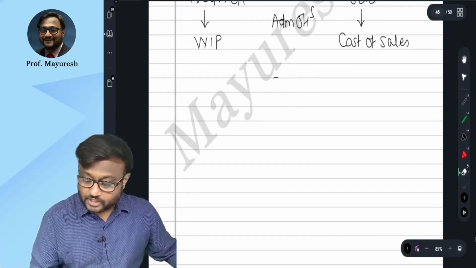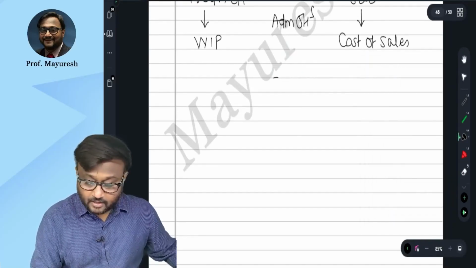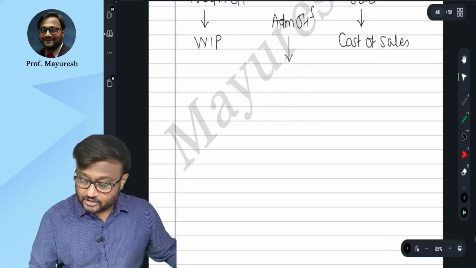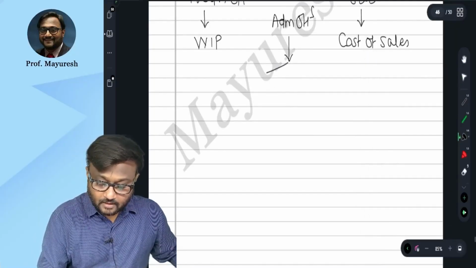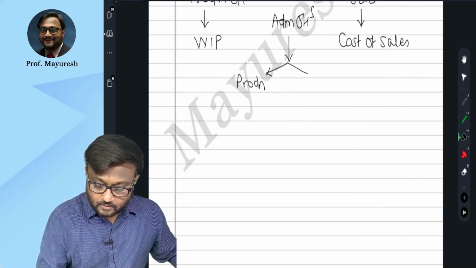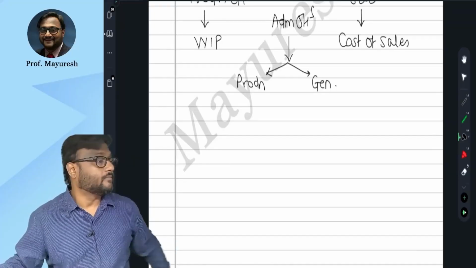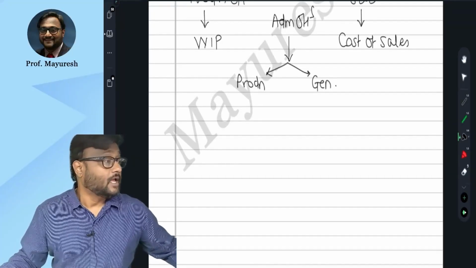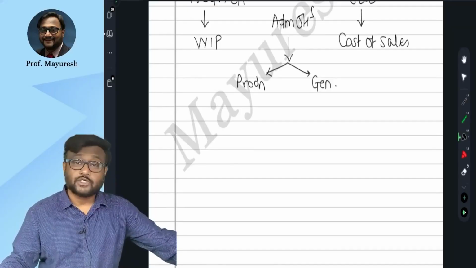Recently, as per Cost Accounting Standard 3, admin overhead is split into two parts. Related to production and general admin. I guess you are understanding this. Admin can be related to production, admin can be general.